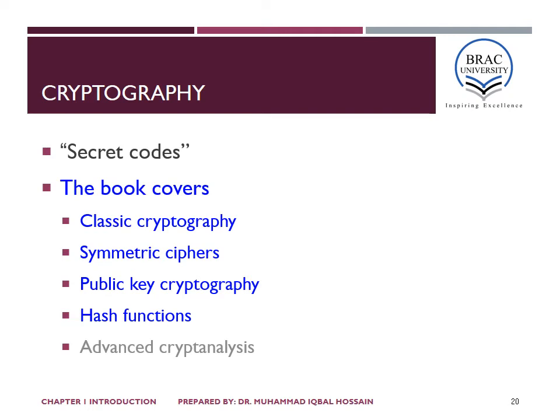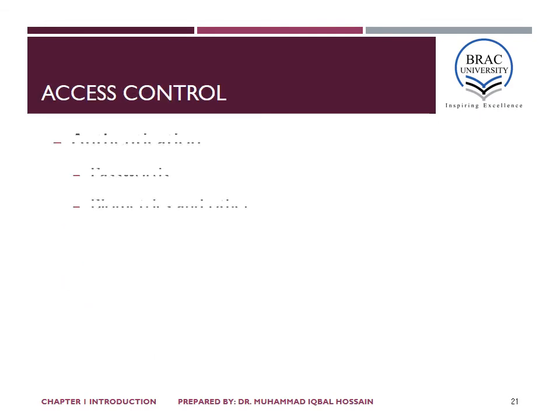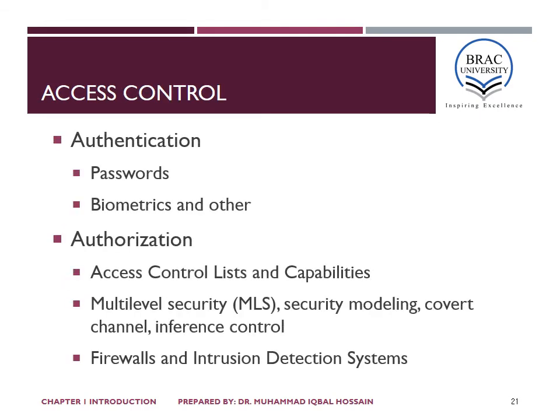We'll cover lots of things, starting from cryptography. Cryptography is basically secret codes. This book covers classic cryptography, symmetric cipher, public key cipher, hash function, and advanced cryptanalysis, but we will just take a look at the four parts. From access control, we discuss authentication and authorization. In authentication, we will discuss password, biometrics, and other techniques.